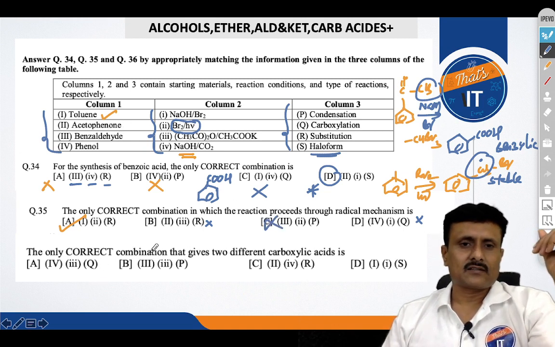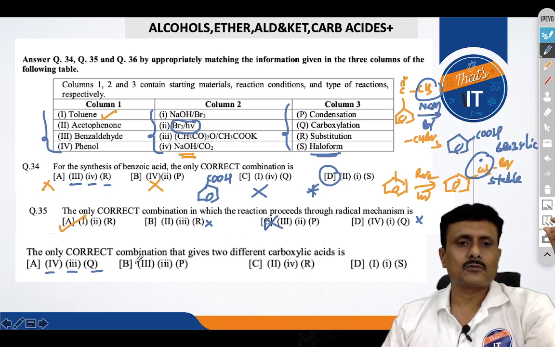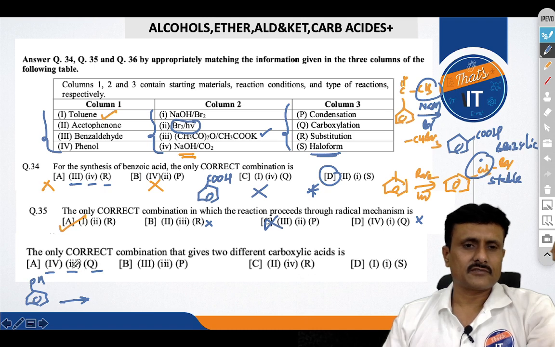Then you see the correct combination that gives 2 different carboxylic acids. 4, 3Q, 4 is phenol. Let's see, you have phenol. 3 is a Perkin reagent, so 4, 3 and Q, carboxylation, okay.